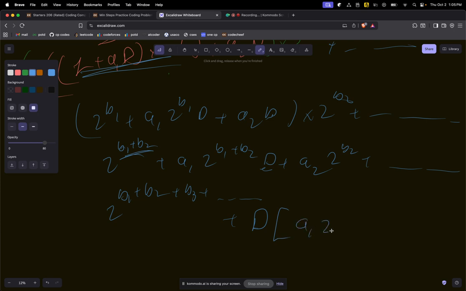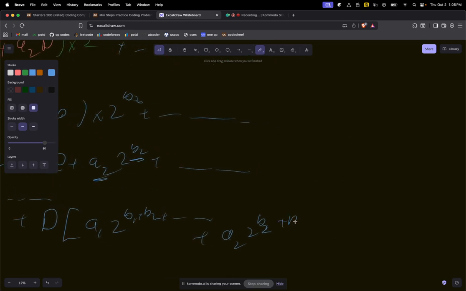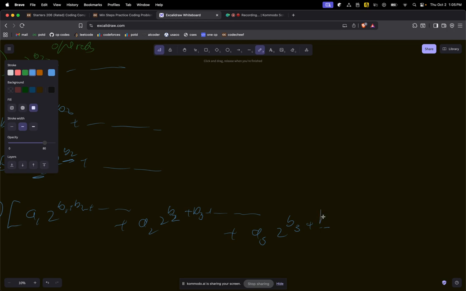And this would be a1 (2b1 plus b2 plus dot dot dot) plus a2 (2b2. So now the a2 term starts from b2. So 2b2 plus b3 plus dot dot dot) plus a3 (it will start from b3 plus b4 dot dot dot) and plus dot dot dot.